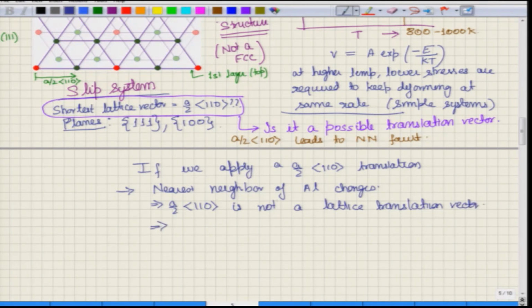Implies that there will be an anti-phase boundary that will be formed.